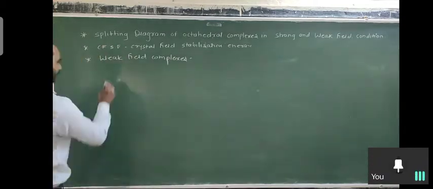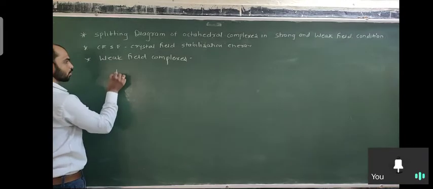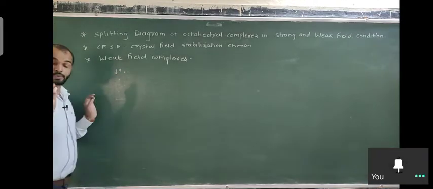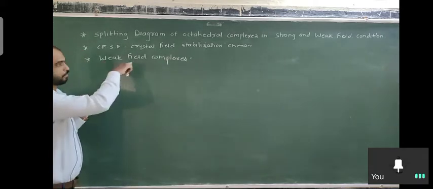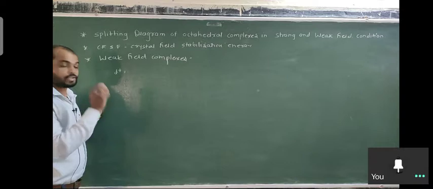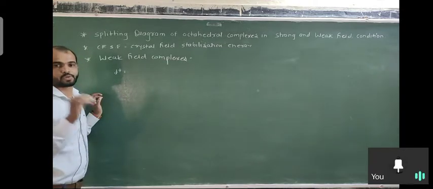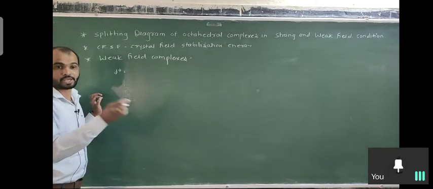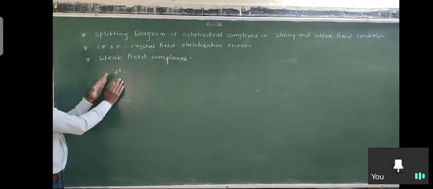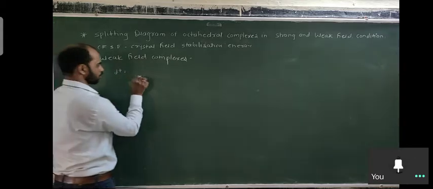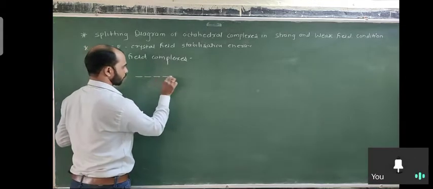So we directly start from the D4 system. You can draw D1, D2 and D3 also for weak field condition, but we already drew D1, D2 and D3 in strong field condition, both having the same energy as well as the same splitting. So we directly start from D4. So 1, 2, 3, 4, 5.